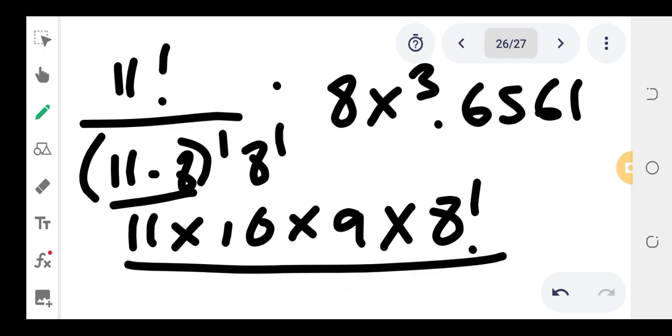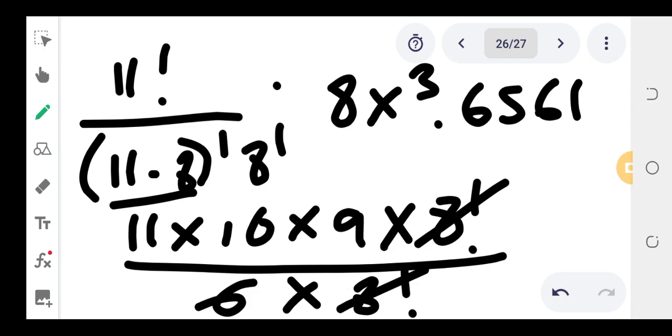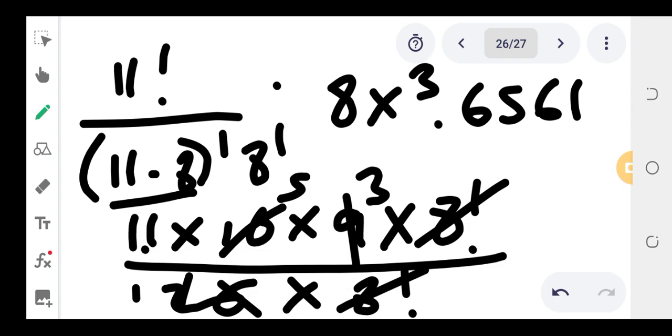Now 3 factorial is simply 6 times 8 factorial, so my 8 factorial and this will go. Then 3 into 6 is 2, 3 into 9 is 3, 2 into 2 is 1, but 2 into 10 is 5. 5 times 11 is 55.